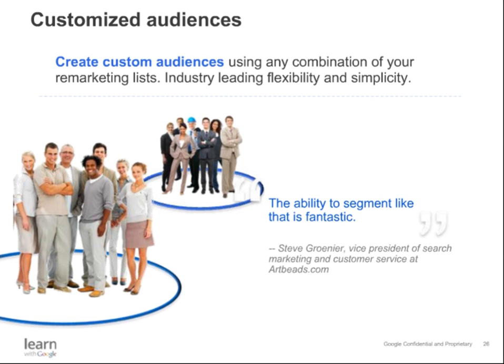And so what this allows you to do is start to look at all the different objectives you want to achieve, figure out exactly how your audience behavior aligns with these objectives, and then actually create the remarketing lists or the remarketing goals in a really, really easy, simple fashion.